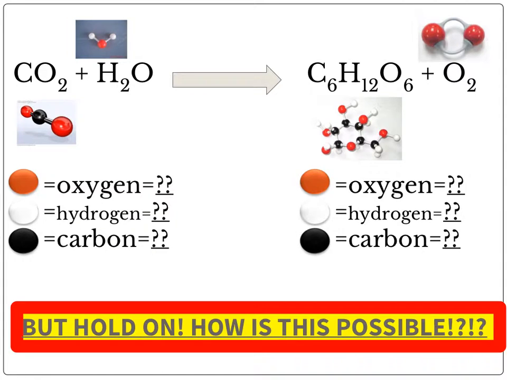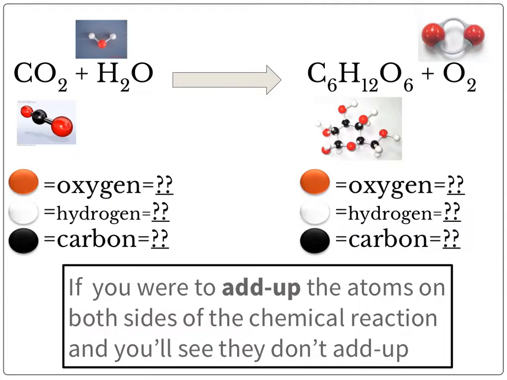This might be initially strange to some of you, not necessarily the chemical reaction, but how the atoms are actually being constructed to make the new molecules. Since if you were to add up both sides, the atoms on both sides of the chemical equation don't necessarily add up.